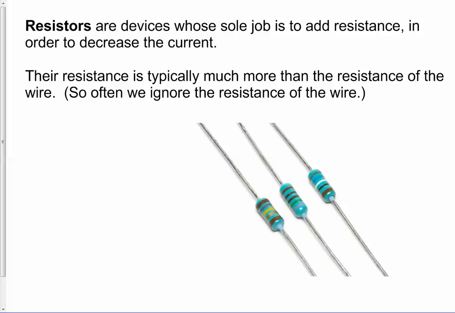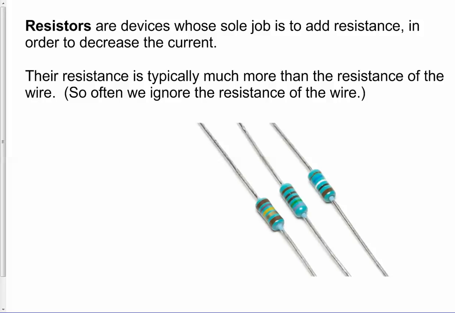Now, because you see that we get these really large currents, in fact dangerously large currents, those currents are usually too big for the operation of most electronic devices. And so you need to tamp that down. We need to reduce the amount of current.